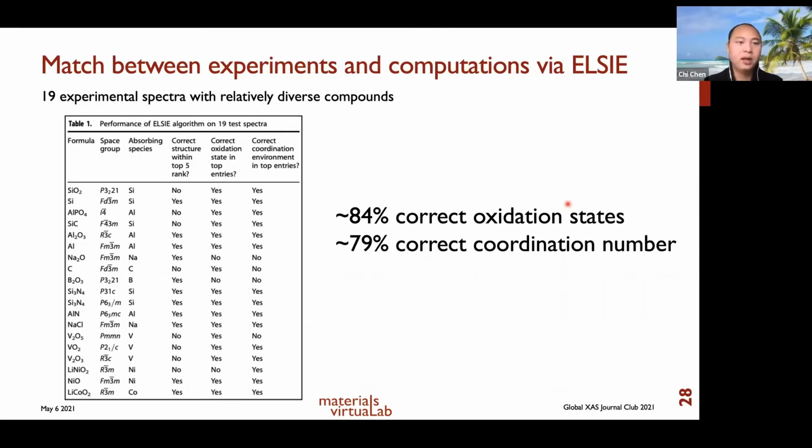Once we established this method on the computational data, we tested the model using a few experimental spectra that we collected from the literature. We can see that the spectral matching method using the algorithm, as well as the computational database, can achieve 84% accuracy in identifying oxidation states and about 79% accuracy in correctly identifying coordination number.